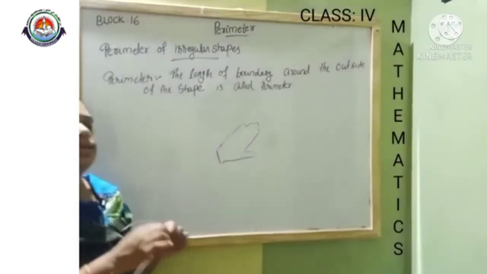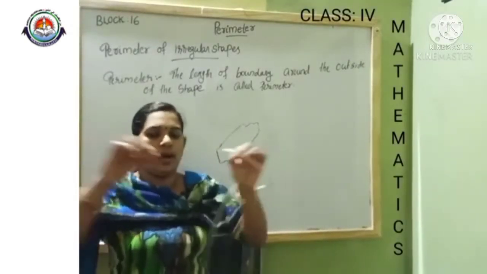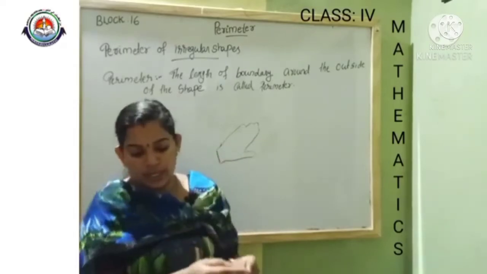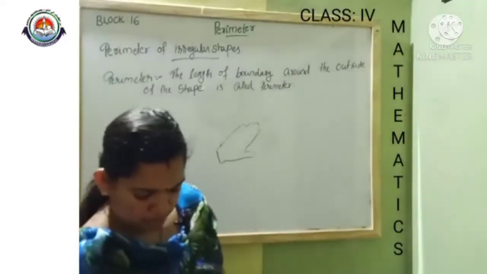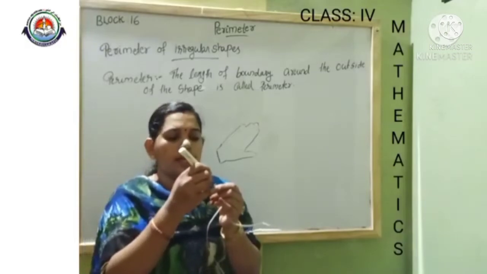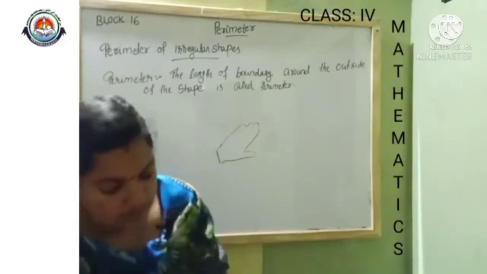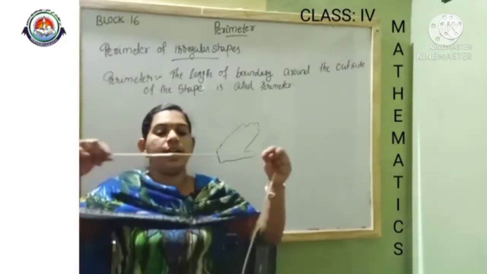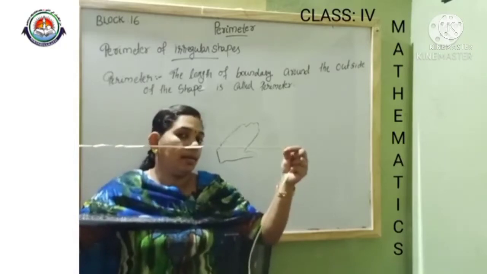So this is the perimeter of my hand. I just mark here. Look here, I just marked here. This much is only my hand perimeter.